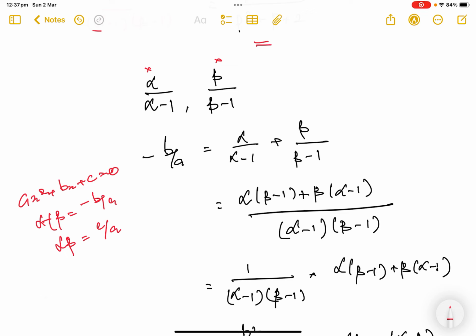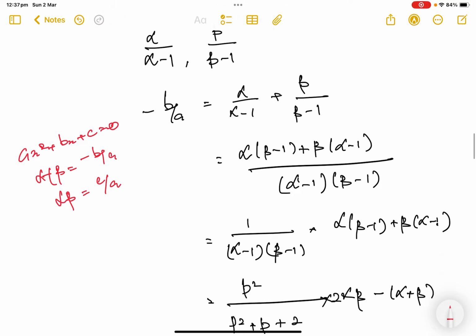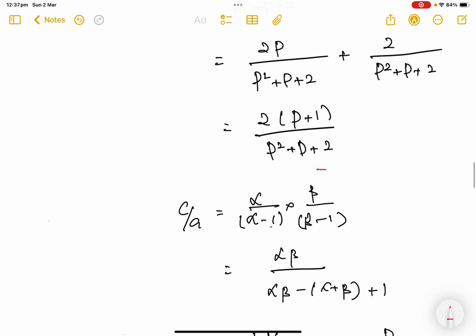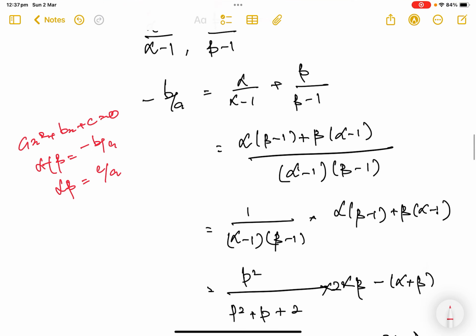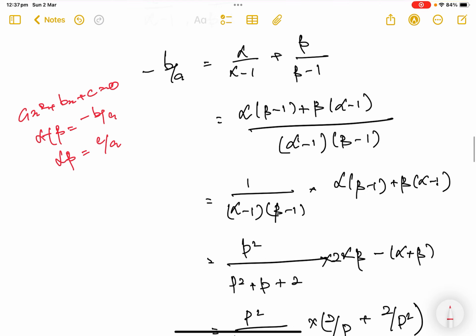So what we have is the addition of roots, which is alpha over alpha minus 1 plus beta over beta minus 1 on the right-hand side. The left-hand side is standard, minus b over a, but we keep that. We'll put it later on. We need to find the equation. If you add them, the LCM is alpha minus 1 times beta minus 1.